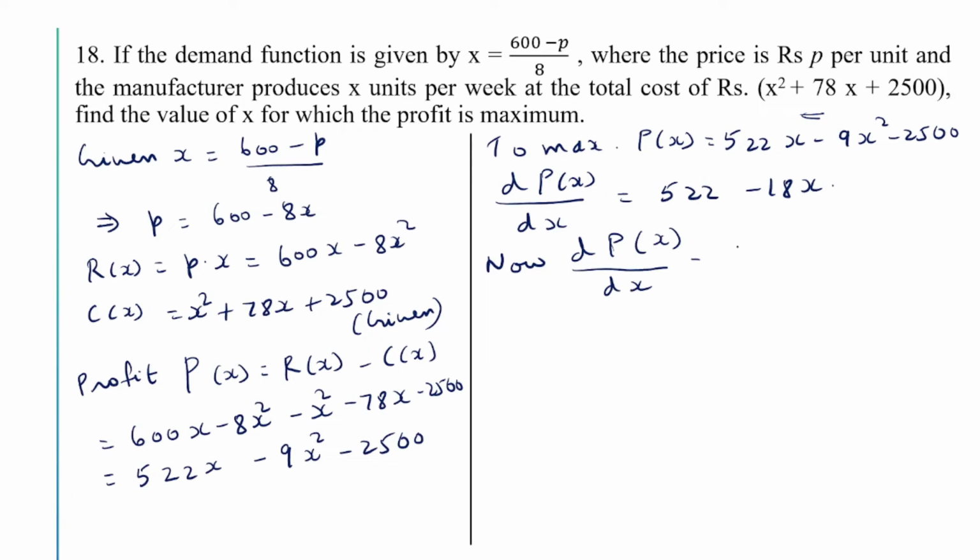So 522 minus 18x equal to 0, or from this we have x is equal to 522 divided by 18, it is equal to 29.